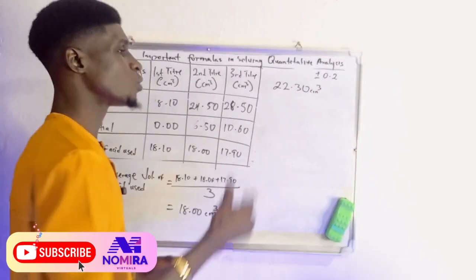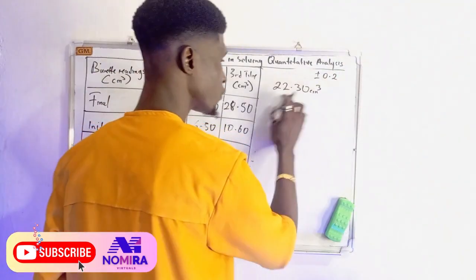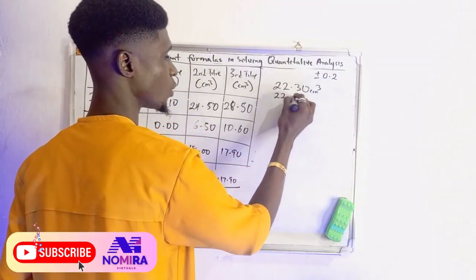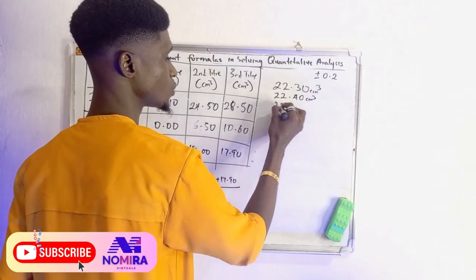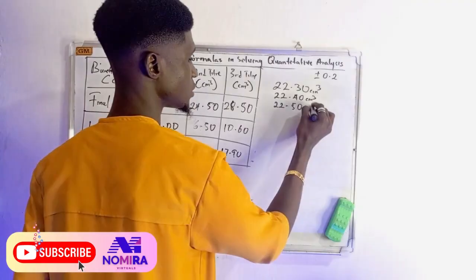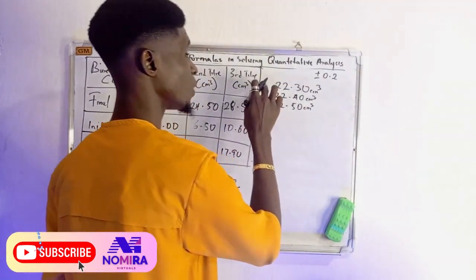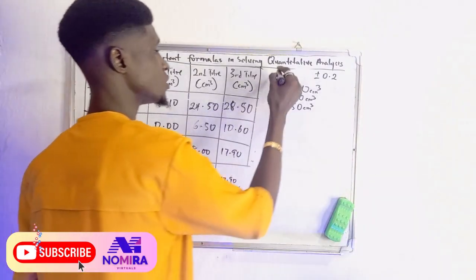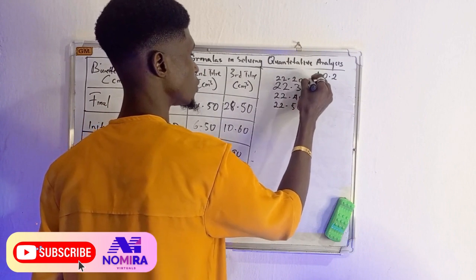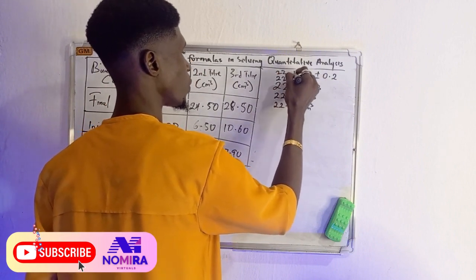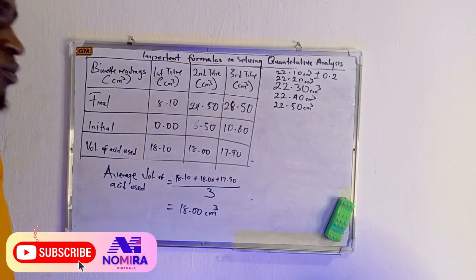The correct answers you must get in order to be correct should be, above this, 22.40 cm cube or 22.50 cm cube. Then if you want to go below what your teacher got, if you don't want to get exactly the same thing, it will be what? 22.20 cm cube or 22.10 cm cube. These are the 5 possible answers you will get to be correct.